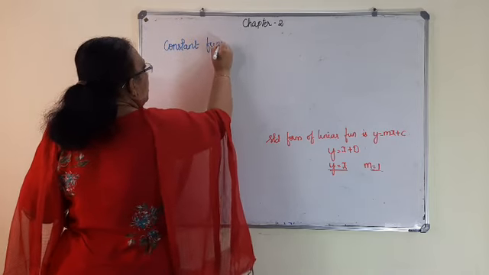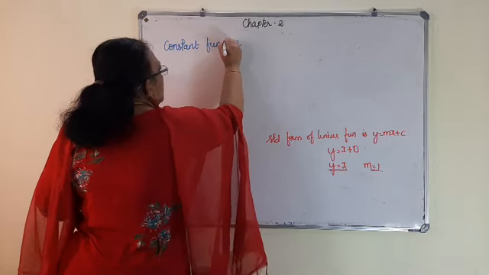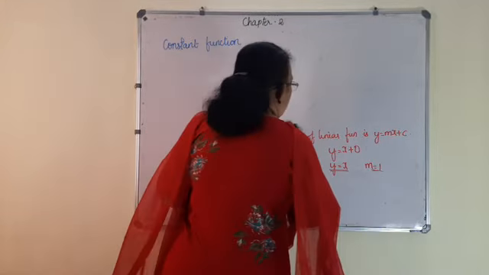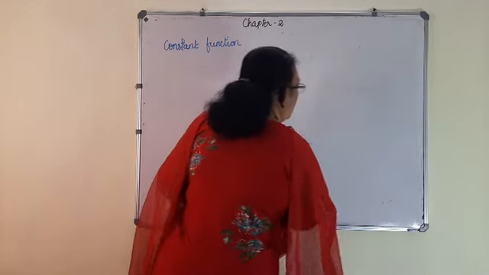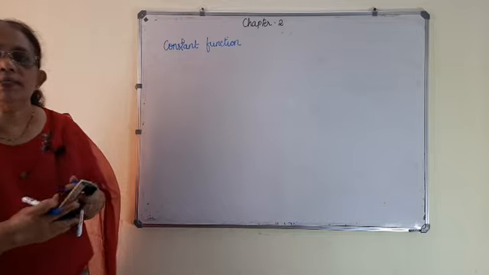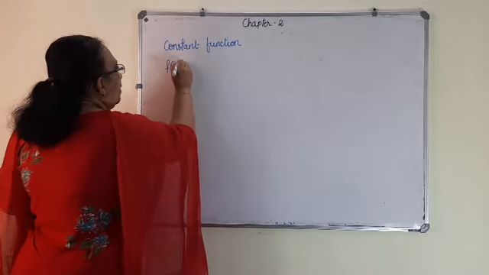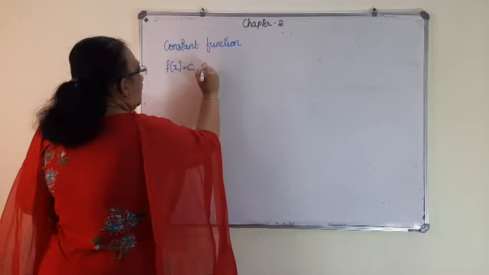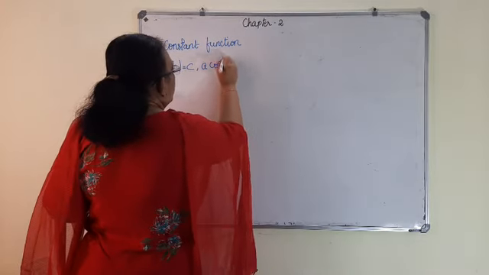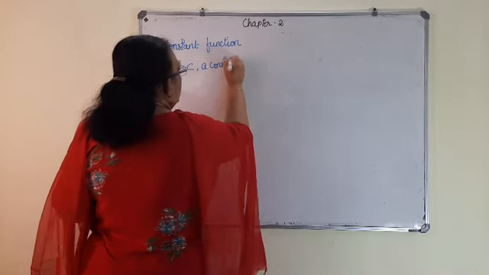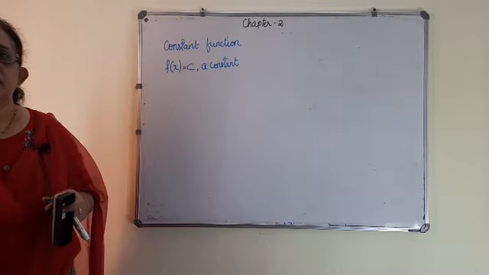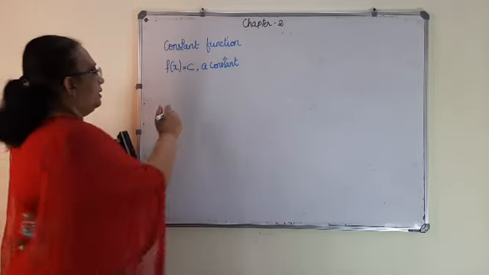What is a constant function graph? It is of the form f of x is equal to c, where c is a constant.